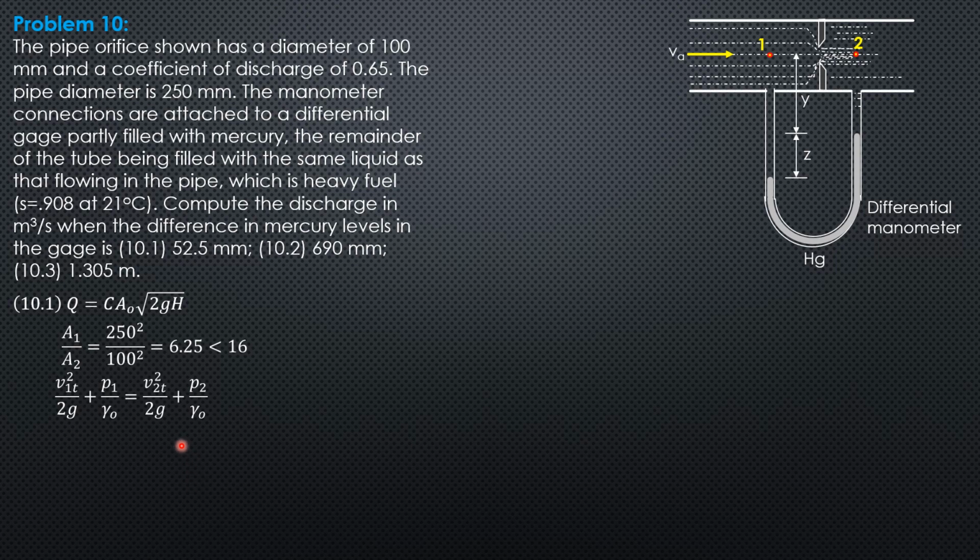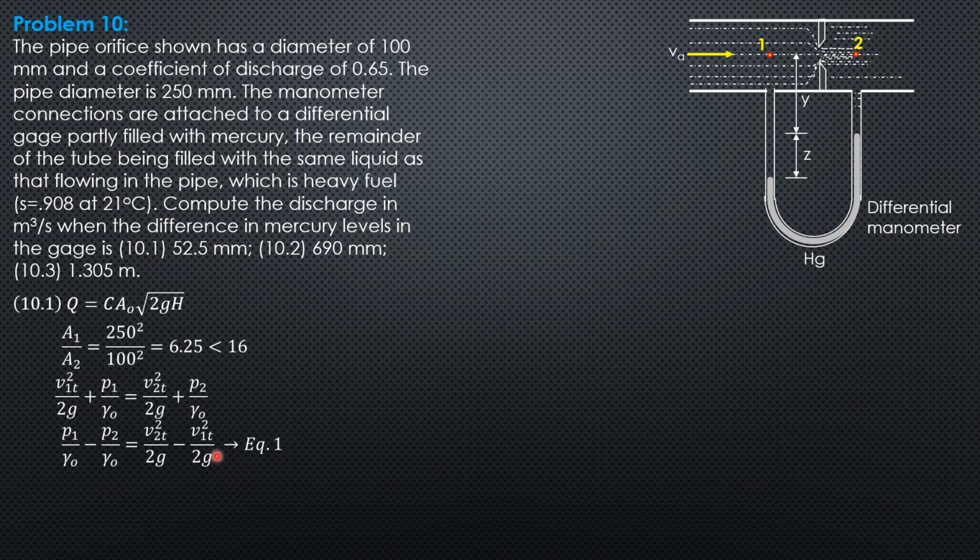Rearranging, we have P1 over gamma of oil minus P2 over gamma of oil equals V2 squared over 2g minus V1 squared over 2g. Call that equation 1.